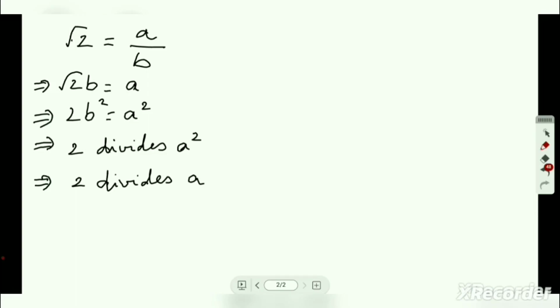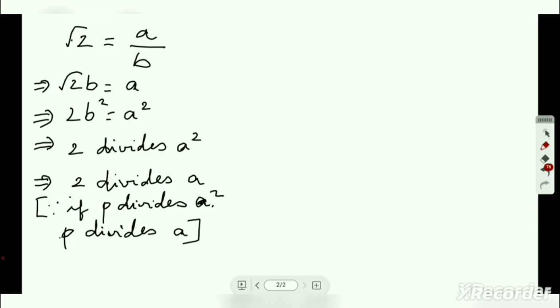We have a theorem which states that if p divides a square, then p divides a as well. So this is a theorem which is already proven. If you have any doubt, you can send it in the comment section so that I will send the proof of this theorem also. Okay, so we got that 2 divides a.